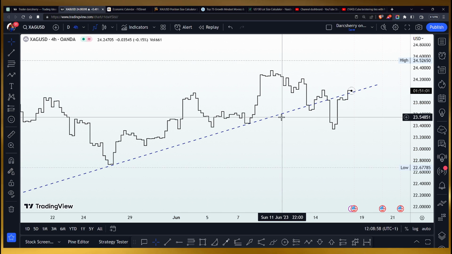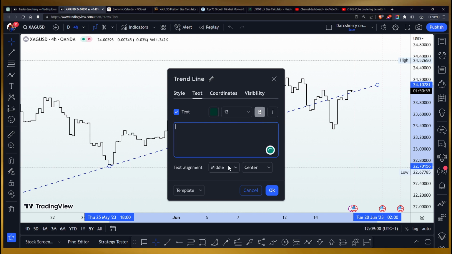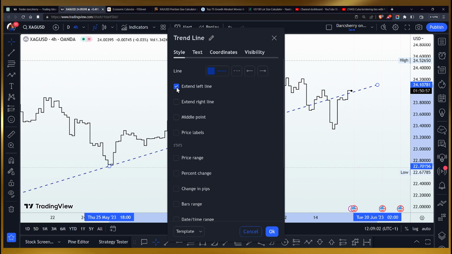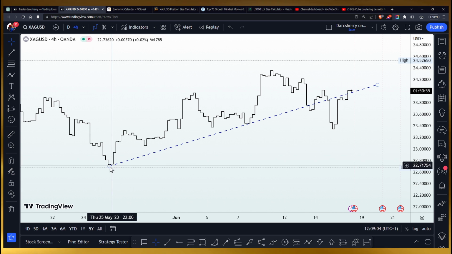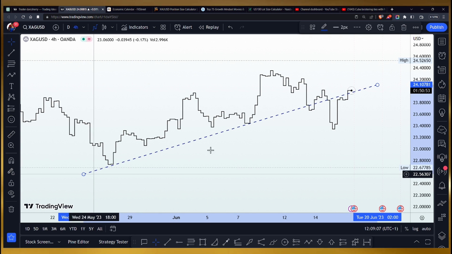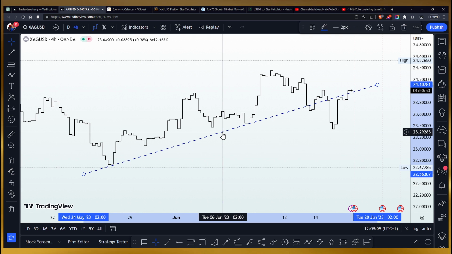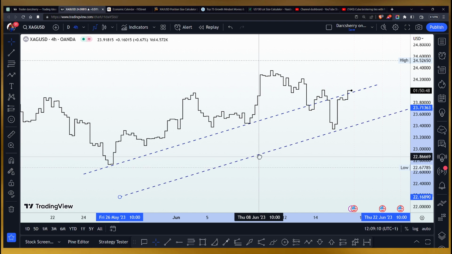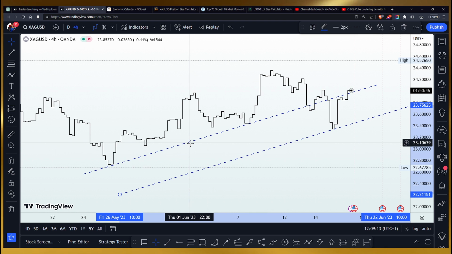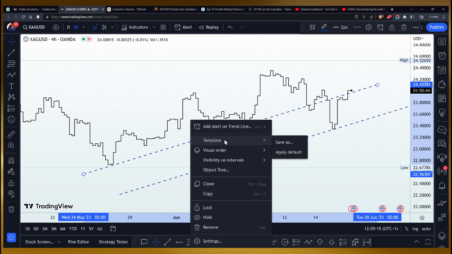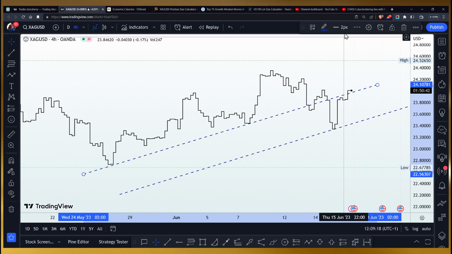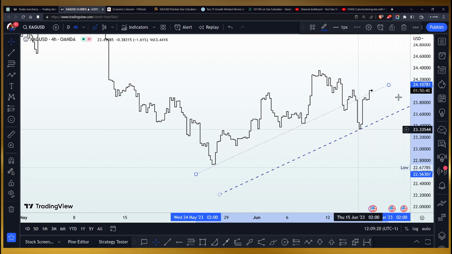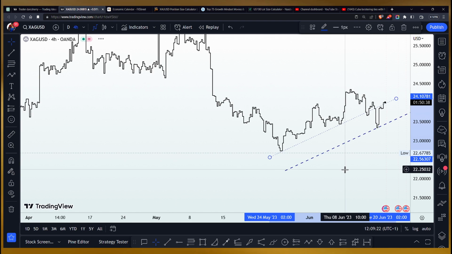So hold on a second. All right. So we have an ascending channel to work with. Then also, I would like to project this ascending channel into this one, making that my major trend line. Hold on a second. You'll get to understand how this works in a moment.